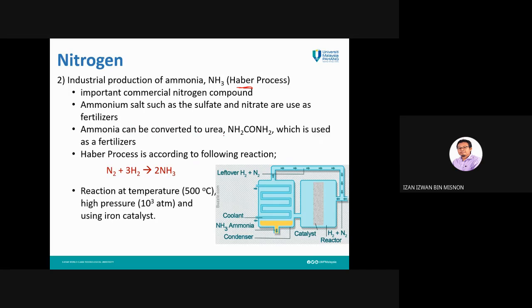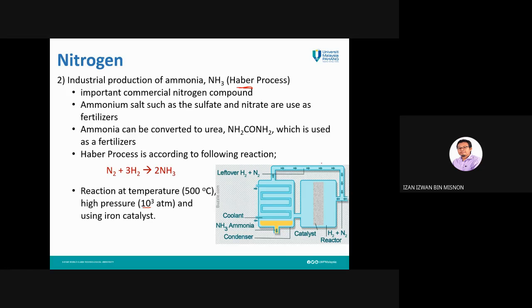Ammonia can be converted into urea, which is used as fertilizer too. So in industry, the Haber process is according to the following reaction, in which nitrogen gas reacts with hydrogen gas to produce ammonia. The reaction takes place at high temperature, about 500 degrees C, at high pressure, 10 to the power of 3 atm, and using an iron catalyst. So it is high temperature and high pressure.